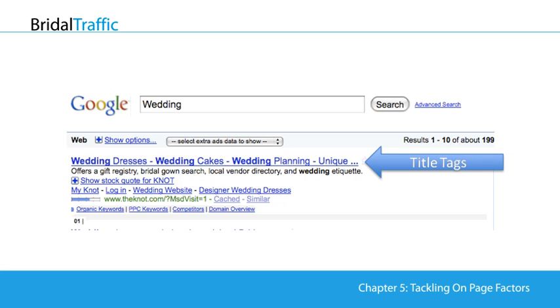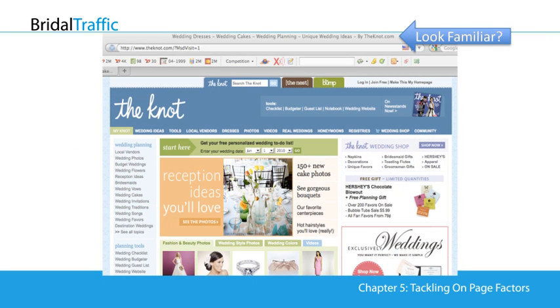And then they have a hyphen, wedding cakes. And then another hyphen, wedding planning. So they have the keyword in there 3 times. Not to mention they also have over 1 million links pointing back to their site, so they're considered the authority within the niche. However, their title tags are probably optimized because they have the keyword in there 3 times, and it's focusing on the keyword wedding. And it's a 64-character limit that they have.